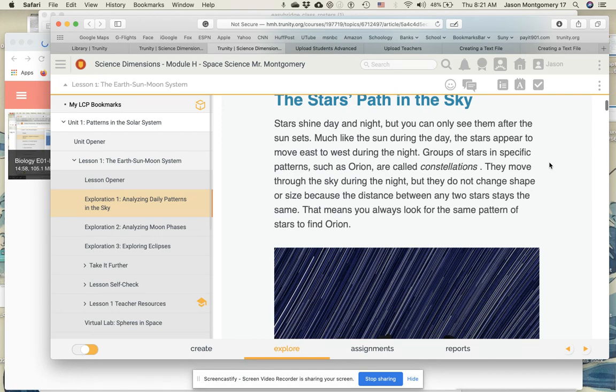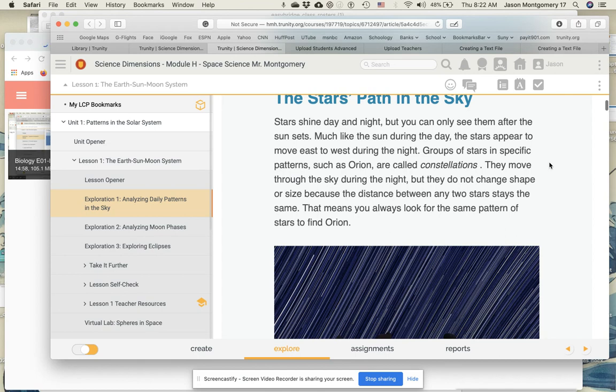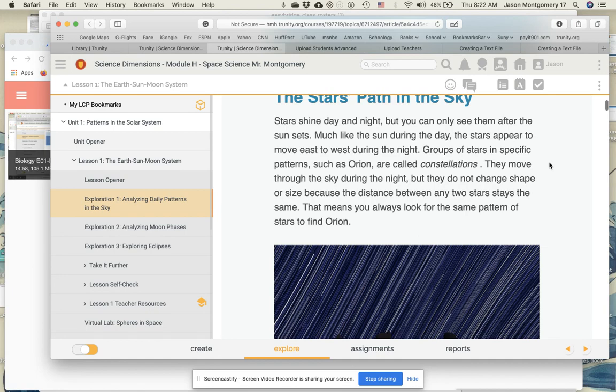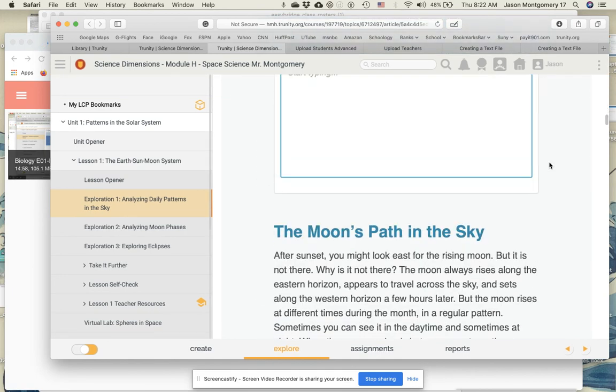You probably are familiar with astrological signs, for instance, but astrology is not science. All right, astronomy is science, but astrology is some made-up stuff. So, anyway, moving right along.